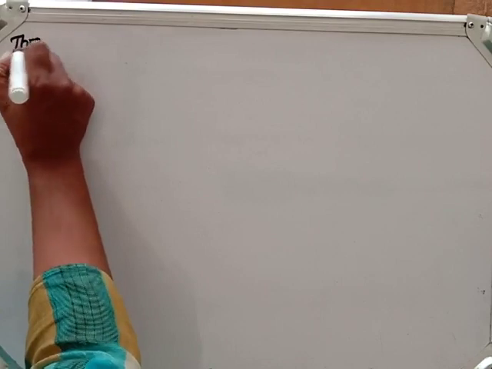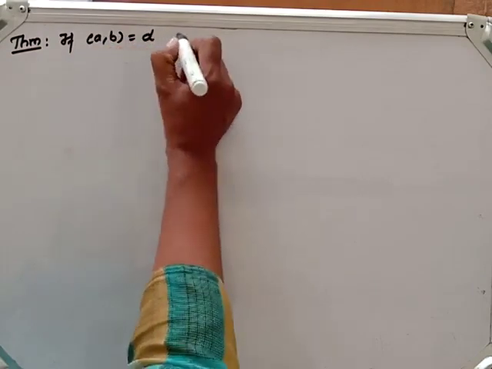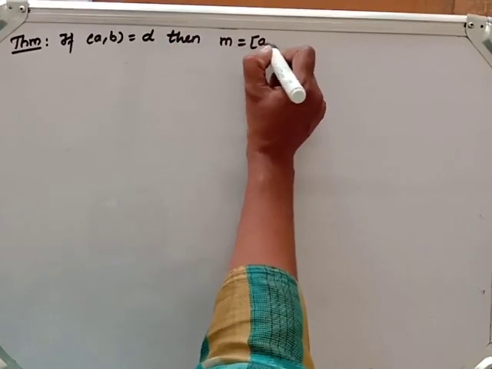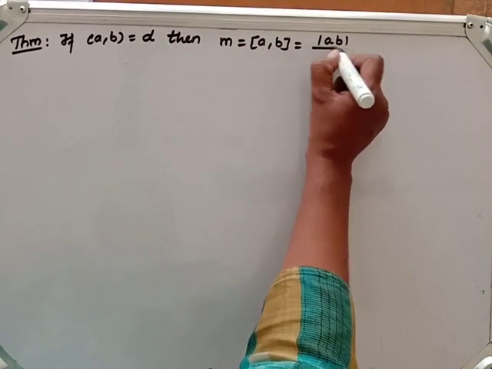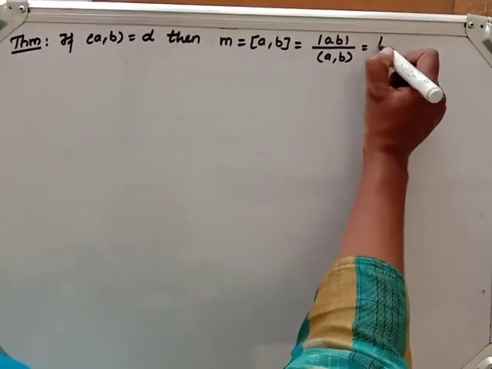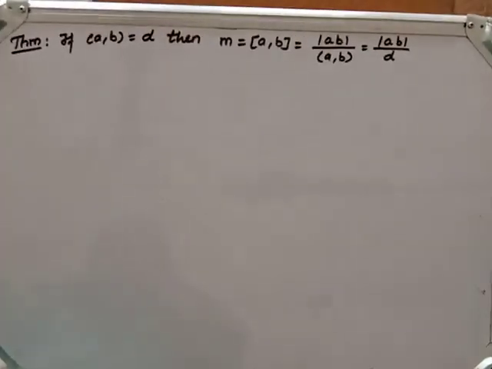The theorem says, if the GCD of A and B is D, then the LCM of A and B, suppose we assume it is M, is equal to the modulus of the product of A and B upon the GCD, which we have assumed D. Fine.